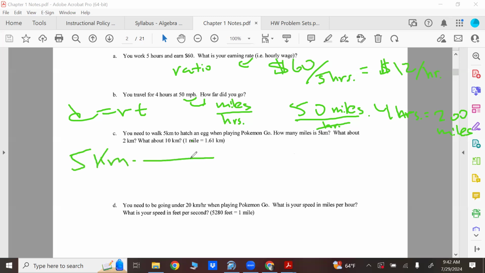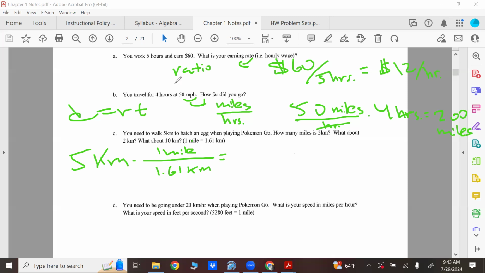Here's how you convert it. You convert it like this. You want to do it like this because what happens to the kilometers units? They cancel exactly, right?